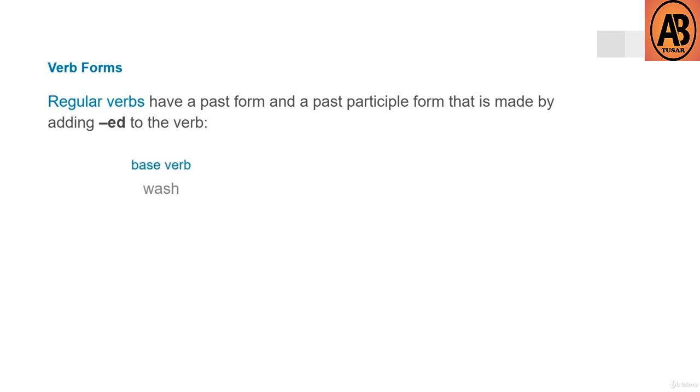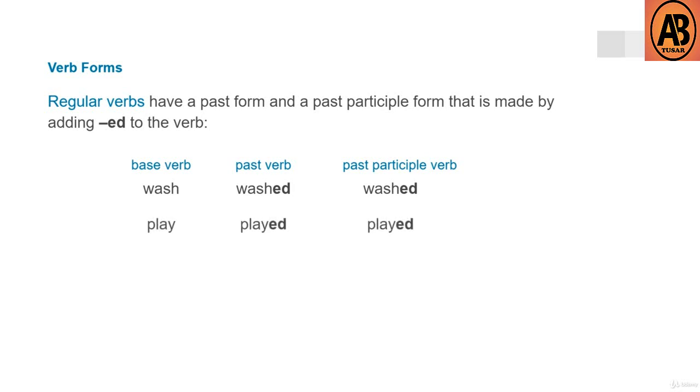For example, the verb wash. The past form is washed, and the past participle is washed as well, both with the ed added to it. Here's another one. Play, played, and played. Work, worked, and worked.